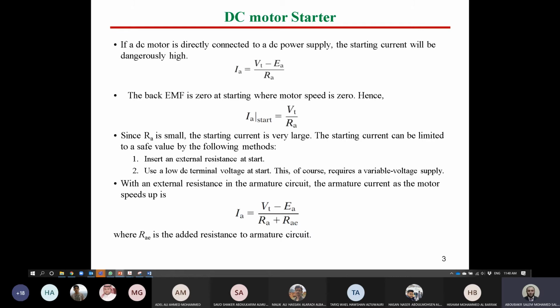Let's see first the problem of DC motor starting. You know that the current relation is IA equals VT minus E over RA. At starting, the motor speed is 0. So what will be the value of EMF now?